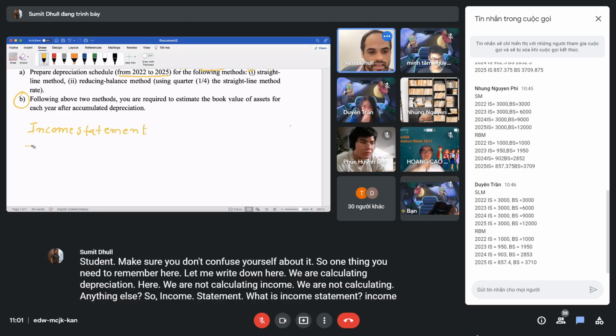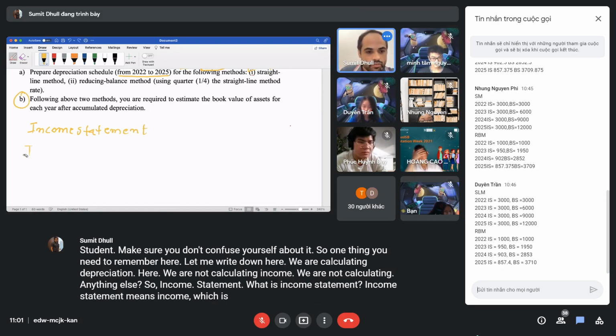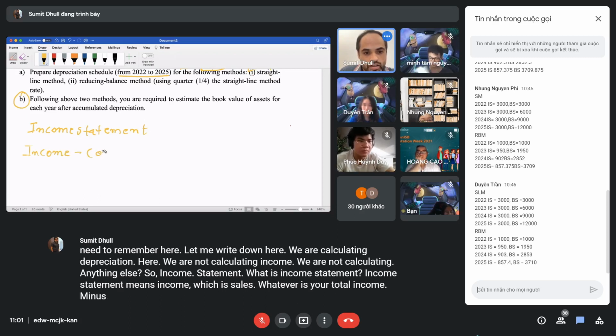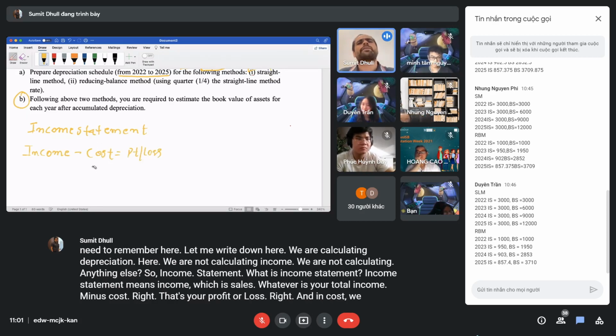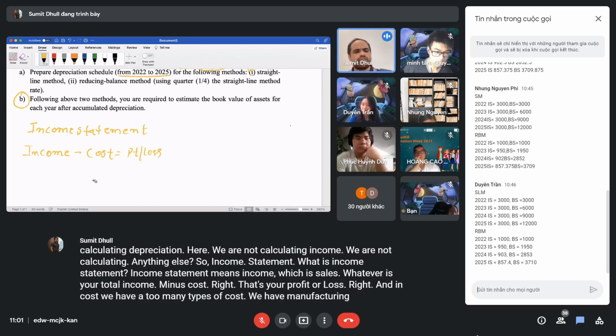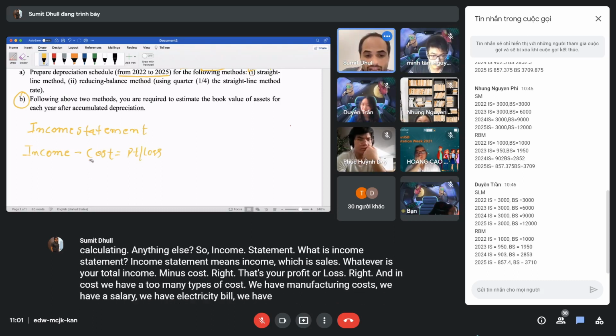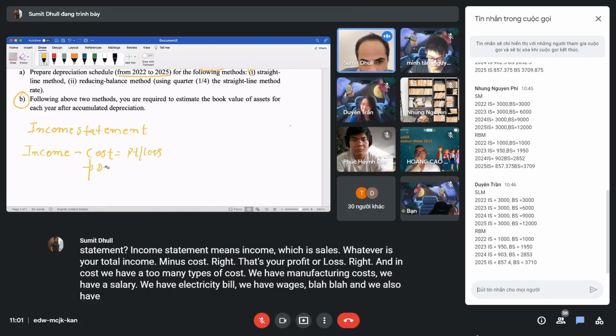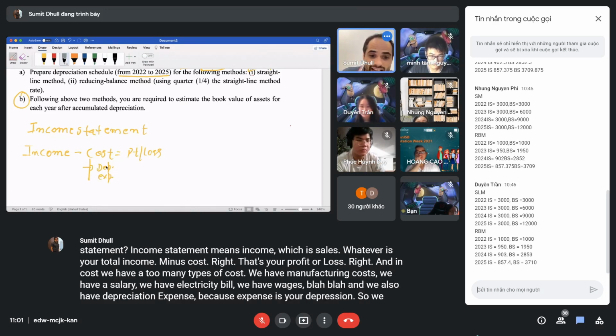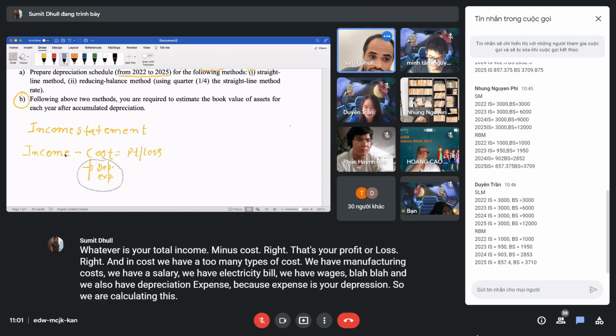Income statement means income, which is sales, your total income, minus cost. That's your profit or loss. And in cost, we have too many types of cost: manufacturing cost, salary, electricity bill, wages, and so on. We also have depreciation expense, because depreciation is an expense. So we are calculating this. We are not calculating this. All right. Now, balance sheet.